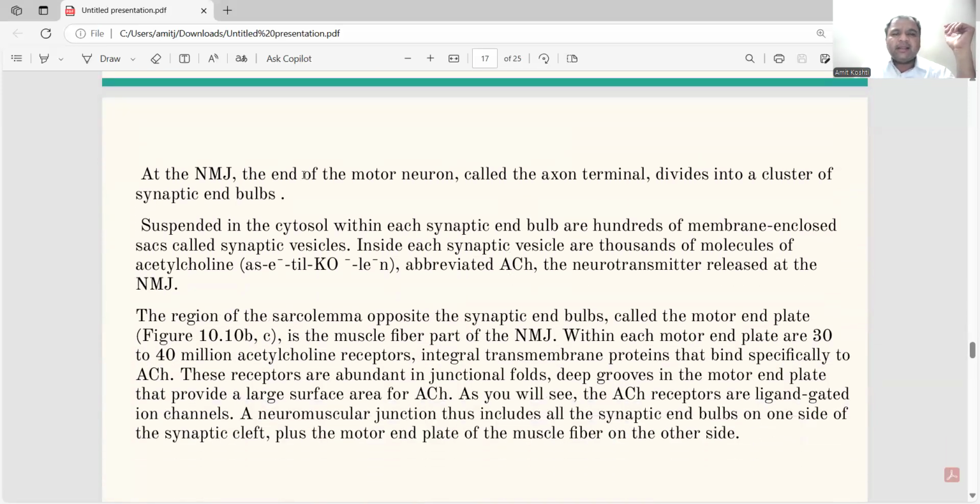At the NMJ, the end of the motor neuron, called the axon terminal, divides into clusters of synaptic end bulbs. Suspended in the cytosol within the synaptic end bulbs are hundreds of membrane-enclosed sacs called synaptic vesicles.